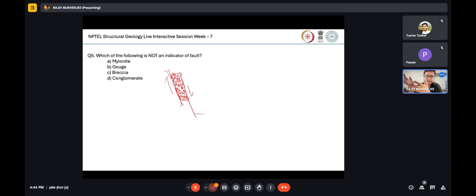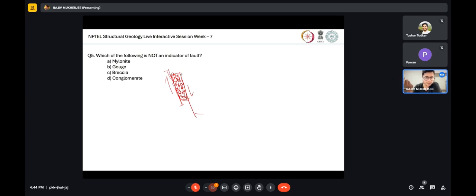So gouge is often not present in some fault planes, because producing gouge requires a very high degree of comminution. That means the grain size reduction has to reach the level of clay and silt, and you also have to have a very high concentration of phyllosilicates within the rock.